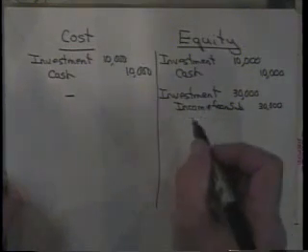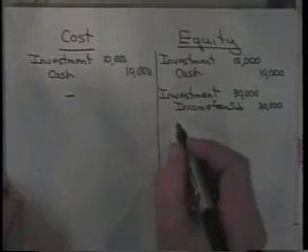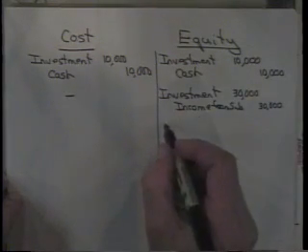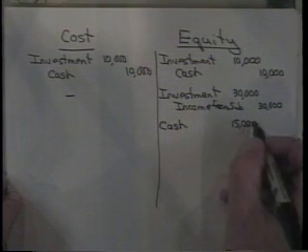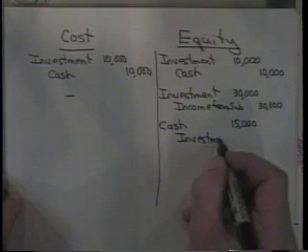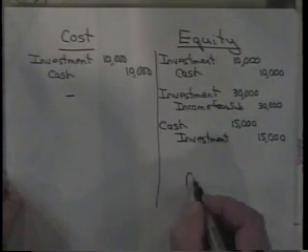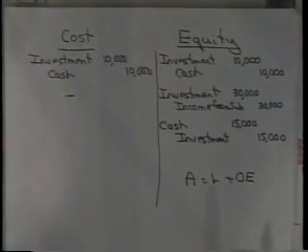Now, the company decides to declare a dividend. All right? And we receive that dividend. And let's say the dividend is $15,000. We would say debit cash for $15,000 and credit the investment. Now you say, why did you credit the investment? Because what happens is, if you'll think of it like this, I have equity in the company.